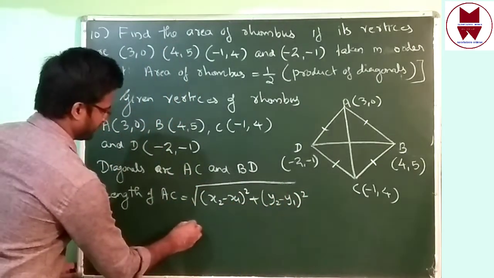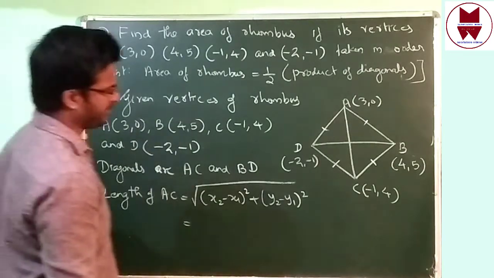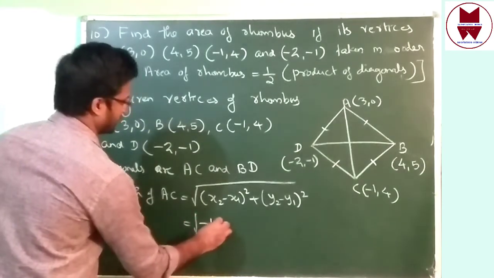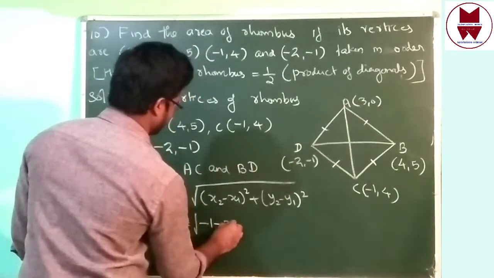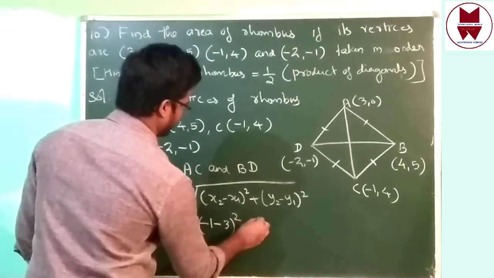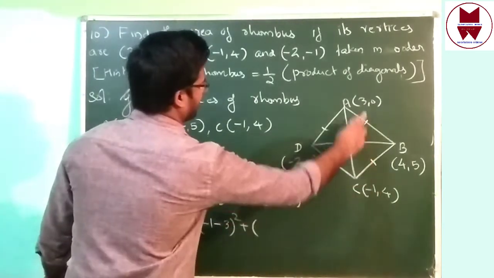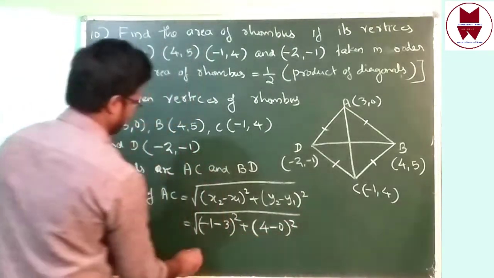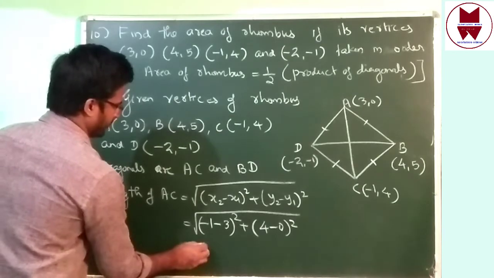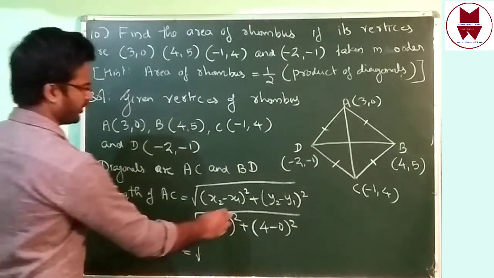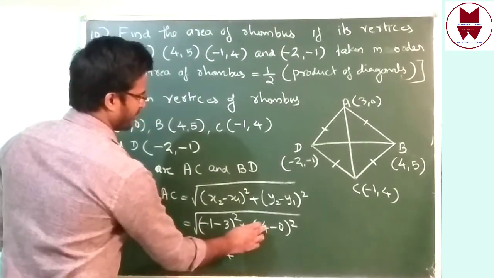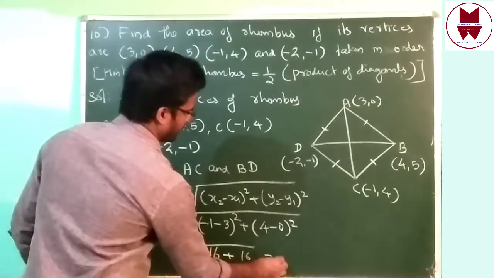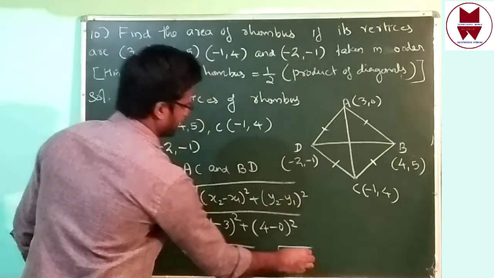When you consider AC, x2 is minus 1, x1 is 3, y2 minus y1, 4 minus 0. What will you get? Square root of minus 1 minus 3, minus 4, all square, 16. 4 minus 0, 4. 4 square is 16. Equal to square root of 16 plus 16, 32.